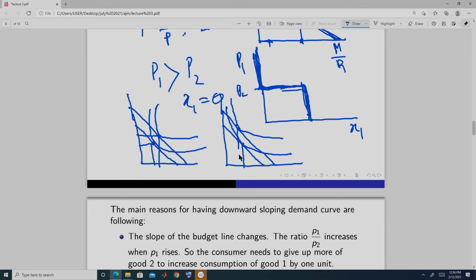As the income has increased, demand for good one has gone down. So, in this case we say that good one is an inferior good. When income increases, demand for that goes down. So, when we are saying that it is a normal good, then it means that whenever income increases, demand for that is going up or it will at least not go down.